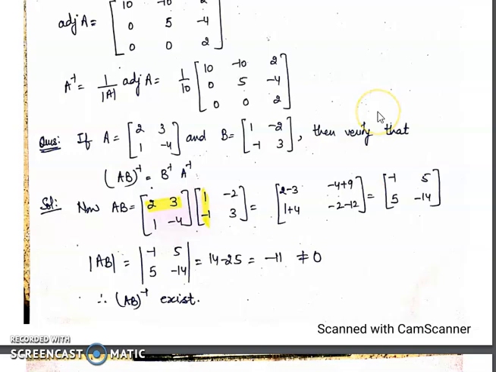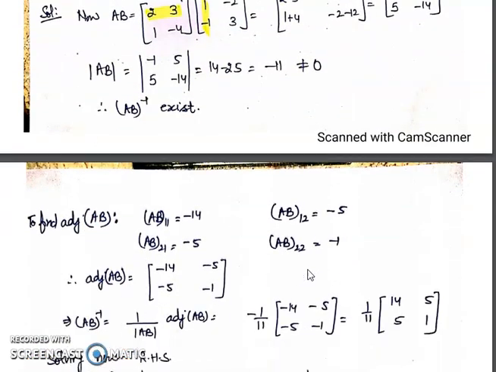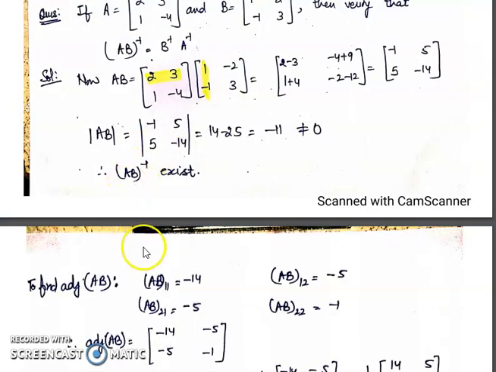To find its inverse, first we calculate its determinant. Its determinant is 14 minus 25, which equals minus 11, not equal to 0, meaning the inverse exists. Now, to find its inverse, we have to find its adjoint. First row, first column deleted, the answer is minus 14.